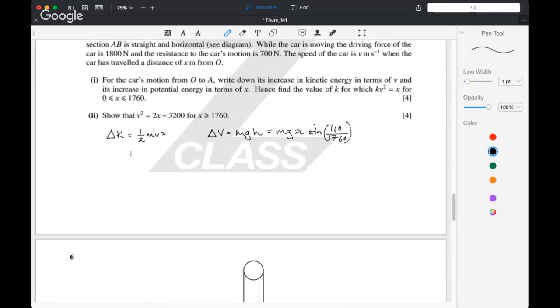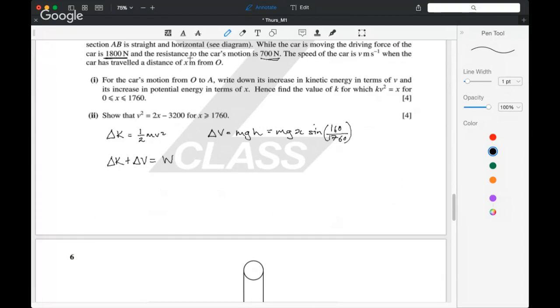Now, the equation that governs this is that delta K plus delta V must be equal to the work done. So we're talking about the change in the kinetic energy plus the potential energy. If it increases, this must be equal to the work done on the car. Well, what is the work done on the car? We have a driving force, but we also have a resisting force.